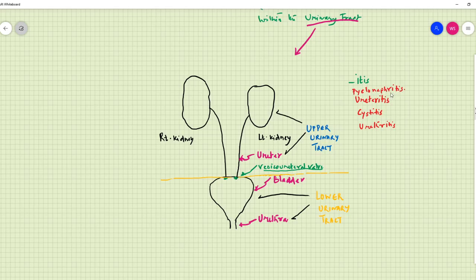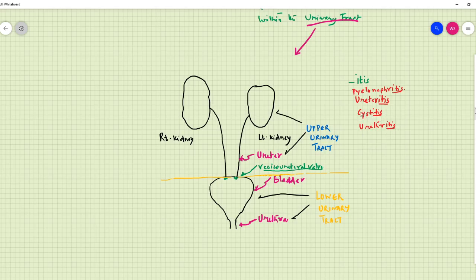So the inflammation of the kidney is pyelonephritis, of the ureter is ureteritis, of the bladder is cystitis, and of the urethra is urethritis.